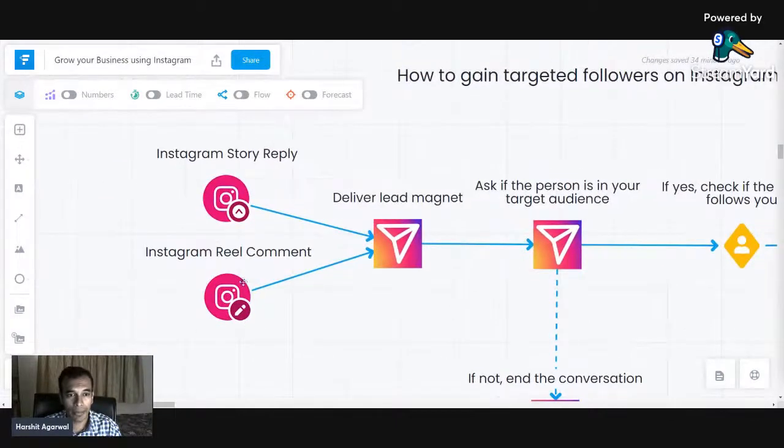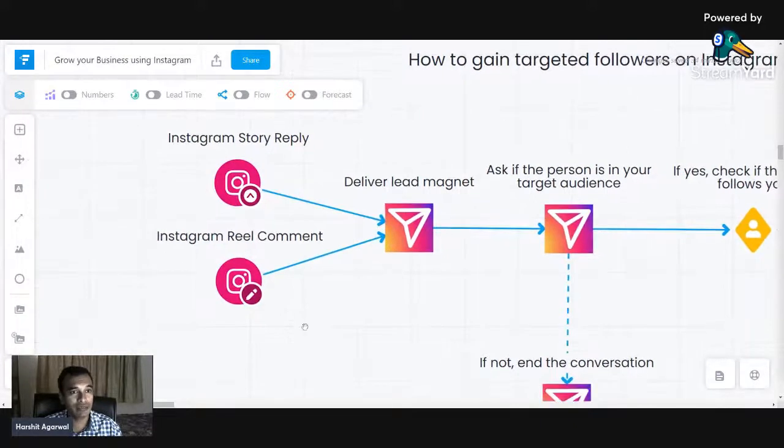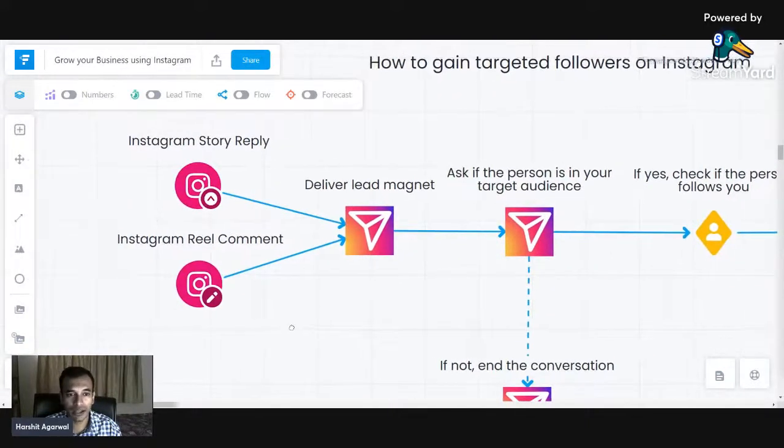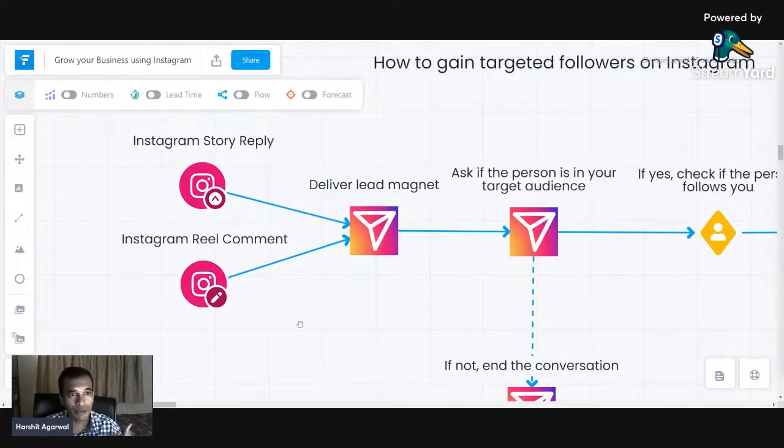First thing is the Instagram reel. So you can create multiple reels at once. You can devote maybe 4 or 5 hours, create 15 or 20 reels, and then keep uploading them every day or with a gap of 1 day. And so your reels will show for 20 to 40 days this way.